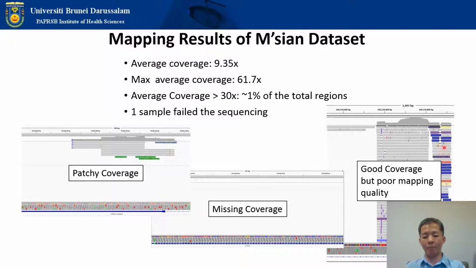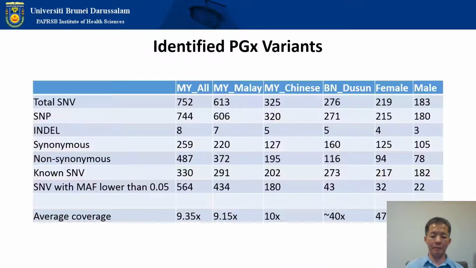Or we also see areas where the coverage seems quite good across the entire exons, but you see a lot of variants, which we reckon is most likely due to mapping errors or sequencing errors. We don't know.